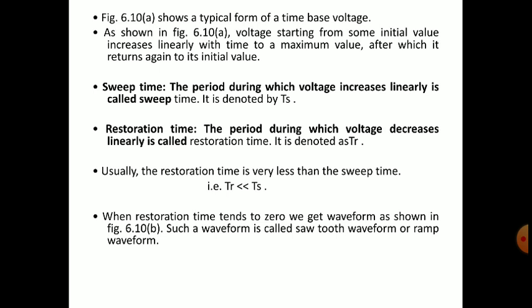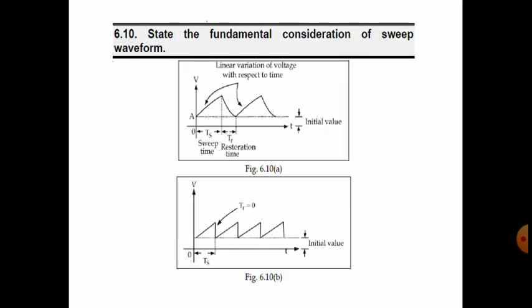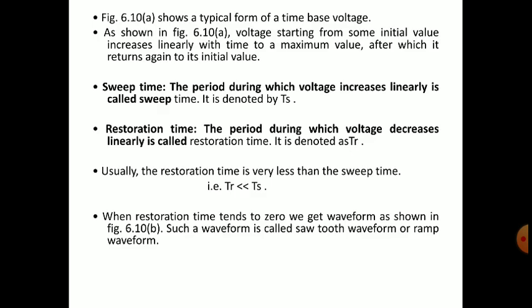Sweep time: the period during which voltage increases linearly is called sweep time. As we have seen, that is TS. Voltage increases linearly with respect to time. That portion is called sweep time, and it is denoted by TS.